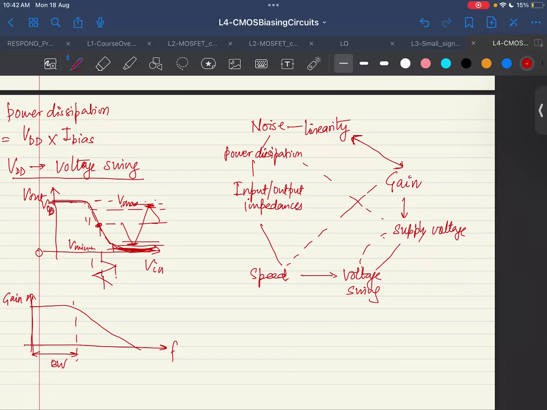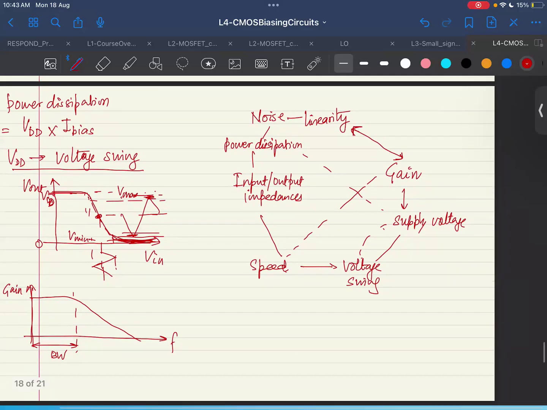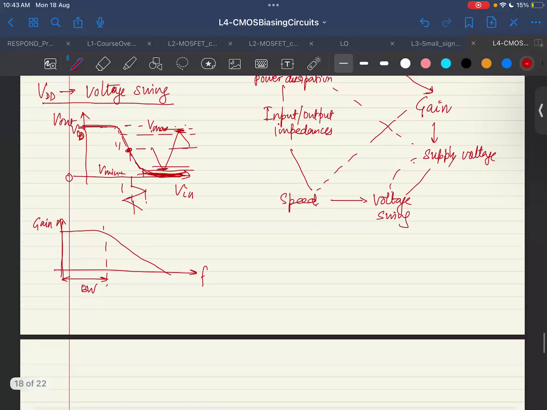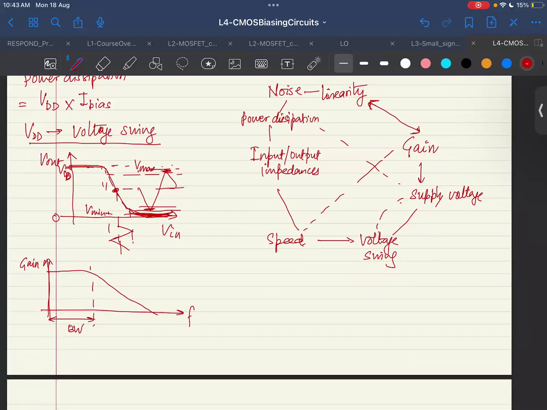Now gain, does it also impact input and output resistance? First, let's see why it is important to have input output impedance. Why do you think that we need it? So let's say this is an amplifier. There is an input resistance we are saying, and there is an output resistance, right, which you are having.